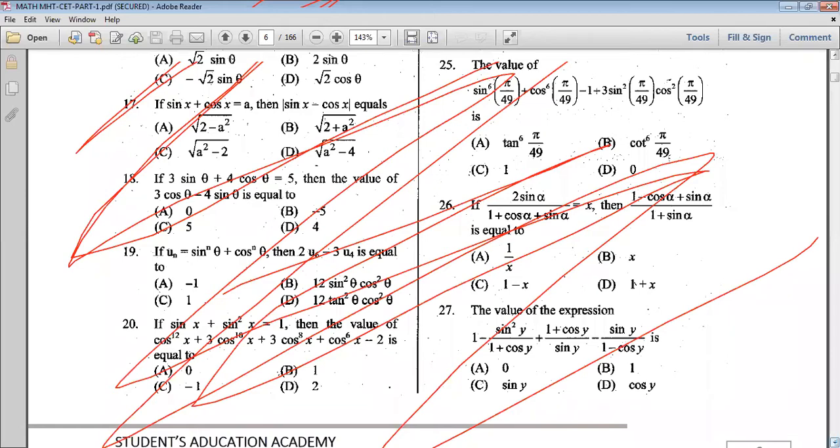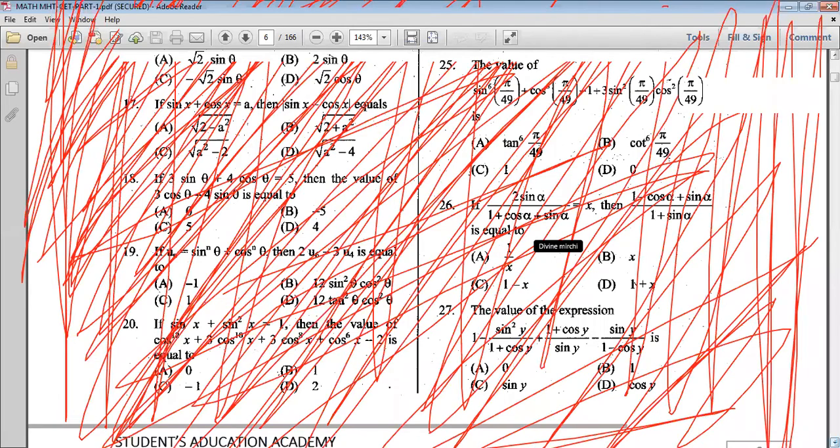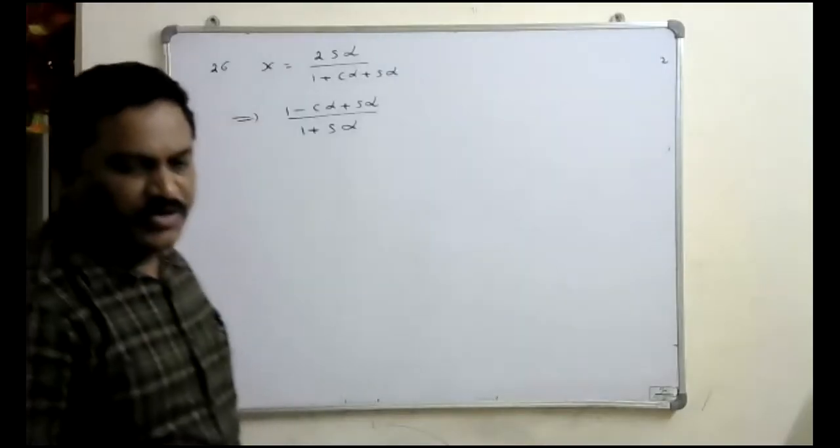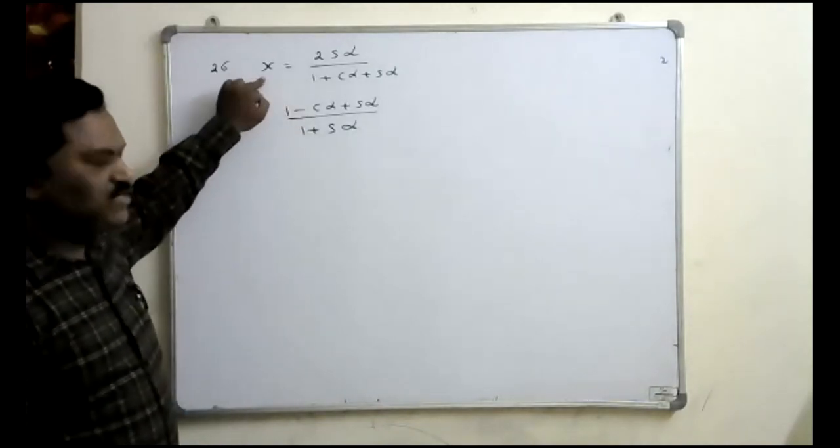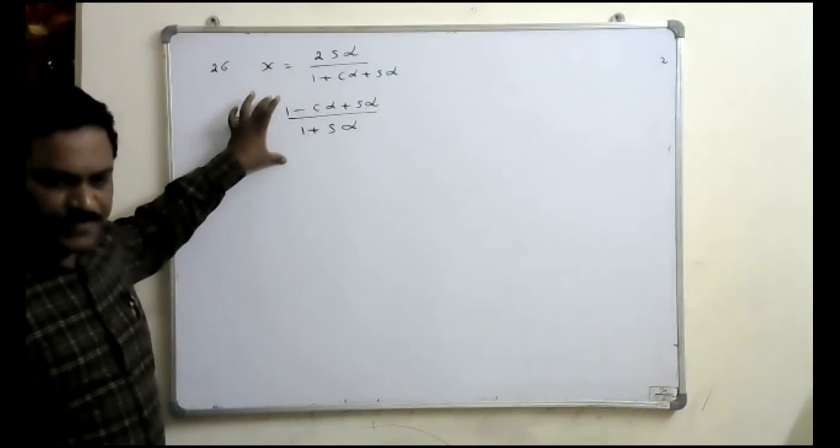Then what is the value of (1 − cos α + sin α) upon (1 + sin α)? So what is the value of this? Just observe here. Given that x, what is the value of this?